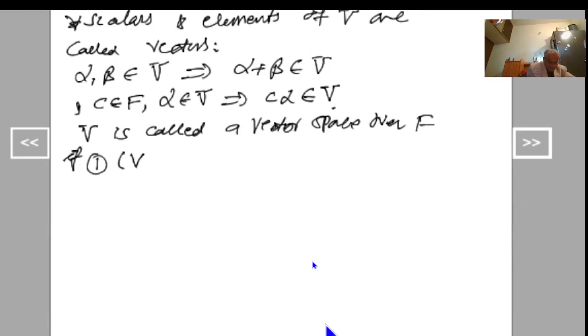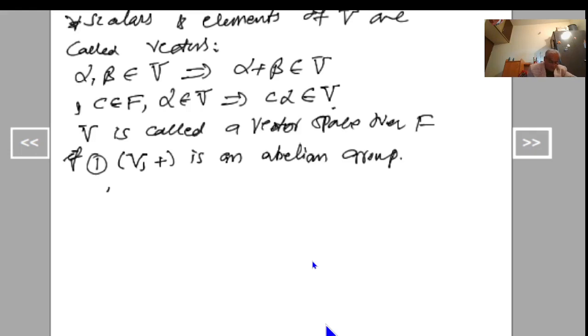First axiom is V, plus is an abelian group. That is, V is an abelian group with respect to addition. So closure law is satisfied in V, associative law holds in V, identity is there in V, inverse is there in V with respect to addition, and the commutative law holds in V.